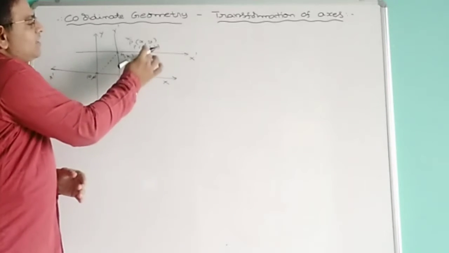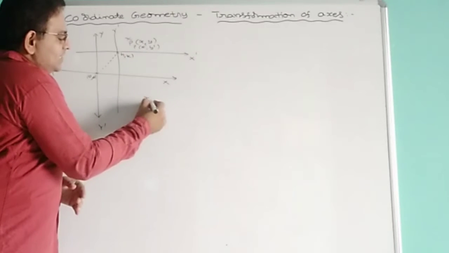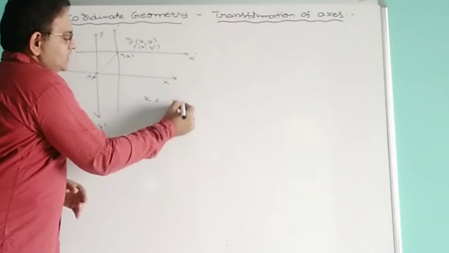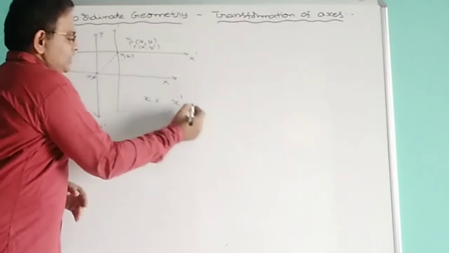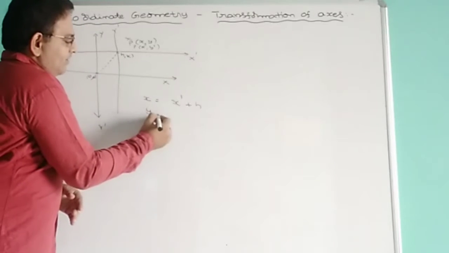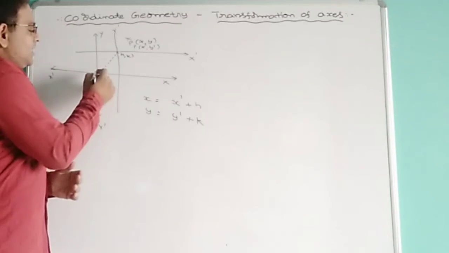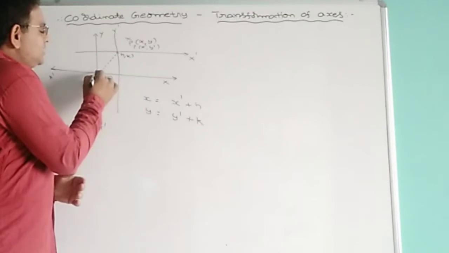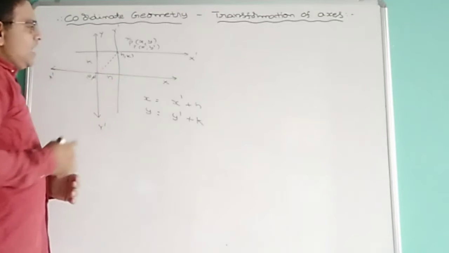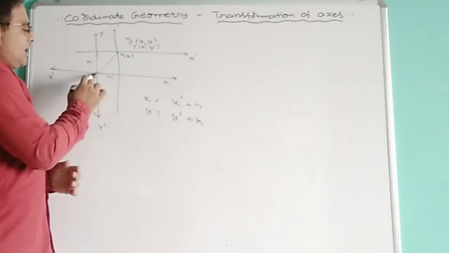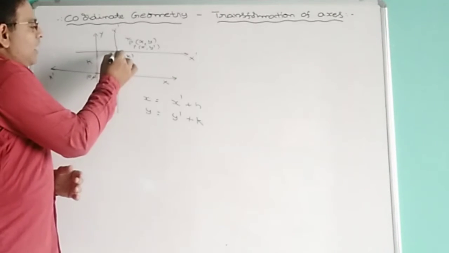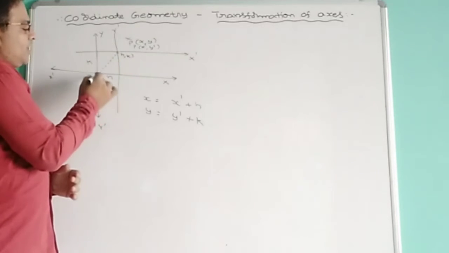Then what is the relation? x equals x dash plus h, and at the same time y equals y dash plus k. Here the length is h units and this length is k units, for suppose. Then the origin is shifted to h comma k, meaning it moves by h length.